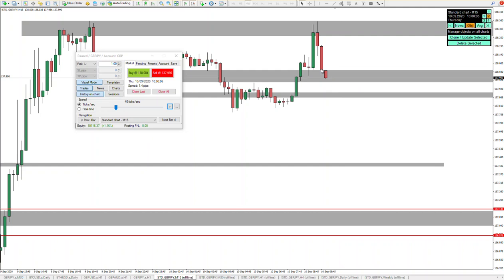The good thing is on M15 it broke this support. That's really nice. But I don't like that we don't have a wick anywhere. Look at that, man. This is New York Open.